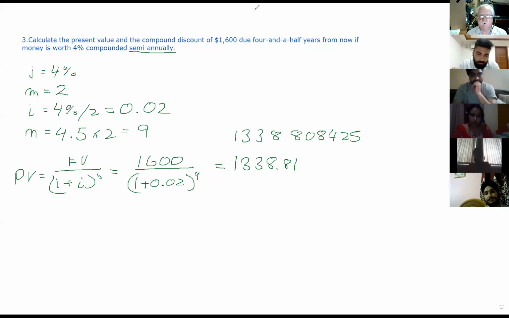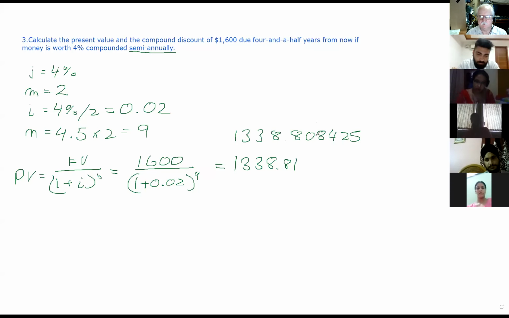But as I only want 2 decimals, this should round up to 1338.81. Are you getting the same number?